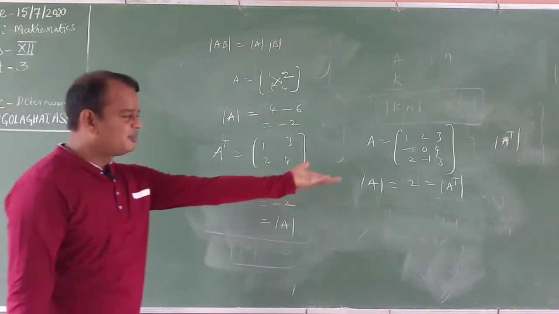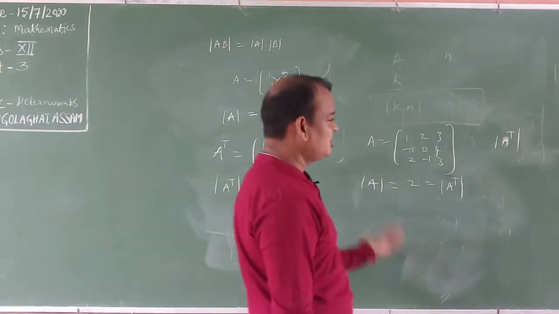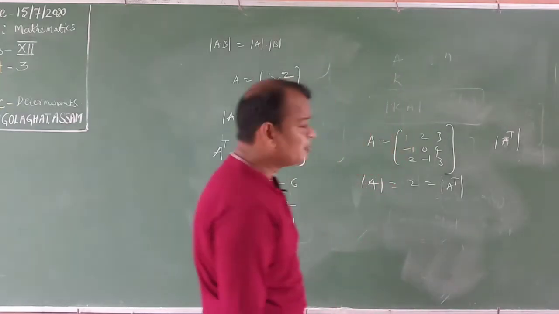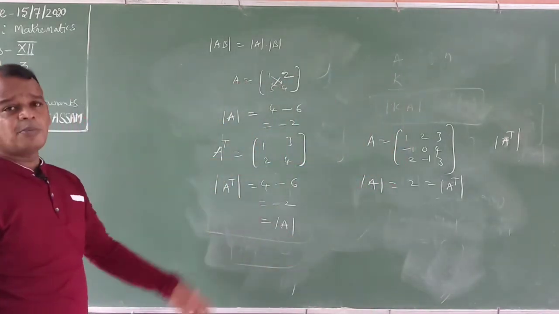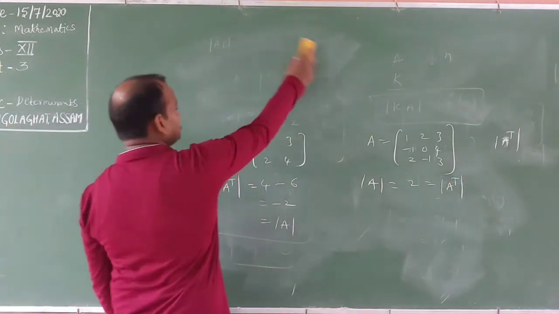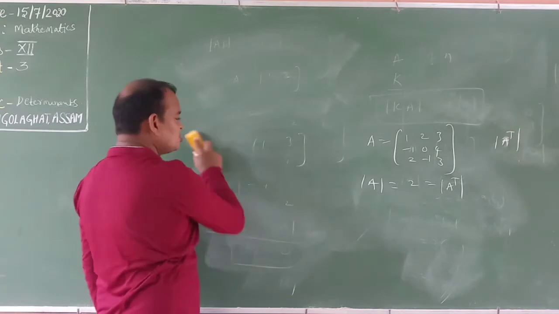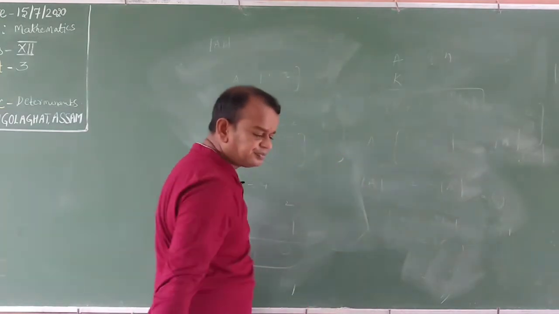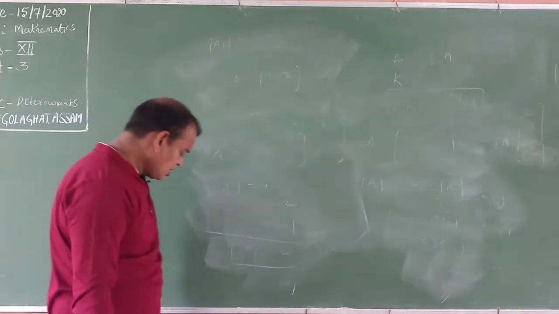That's why we should not increase the steps. Simply remember the properties: for a square matrix and its transpose, the determinants must be equal.